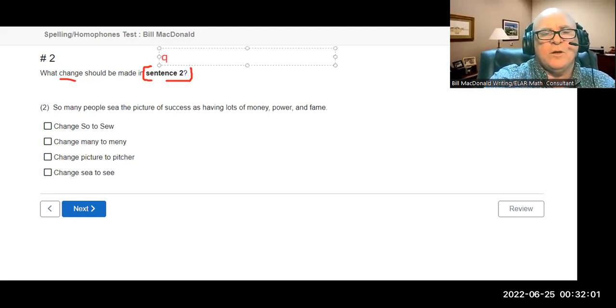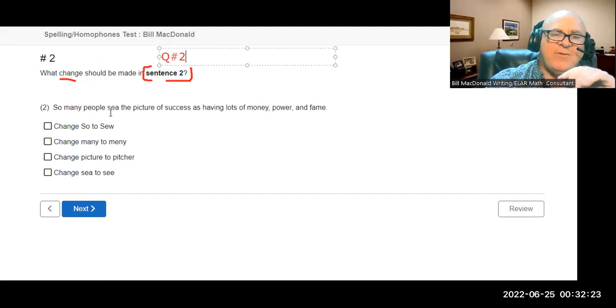We put a Q here, question number 2. And so I would go to sentence number 2 in the passage, and I would label that Q number 2. I would put the bracket here, and I'd put the bracket over in the passage.